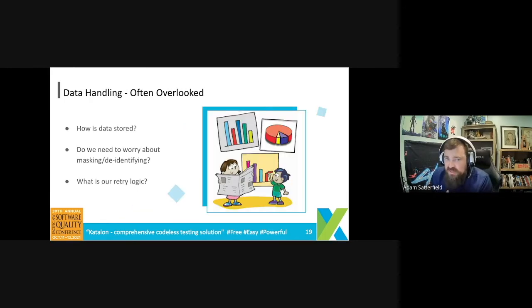This is one that I definitely see overlooked quite a bit, especially this last bullet point here of retry logic. I see a lot of automation frameworks that are very, very good, but then fail due to data failures. And a lot of times the data failure is maybe someone changed my data and I didn't know it, and so we failed it, and that entire script that was supposed to run overnight, or suite that was supposed to run overnight, it just failed.